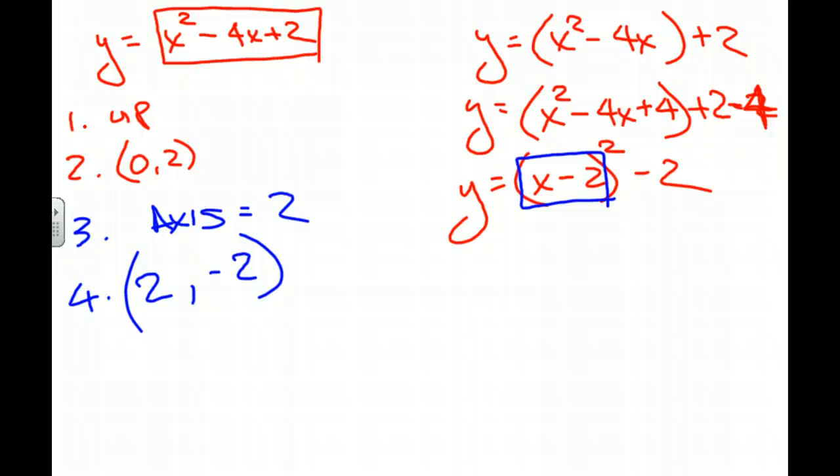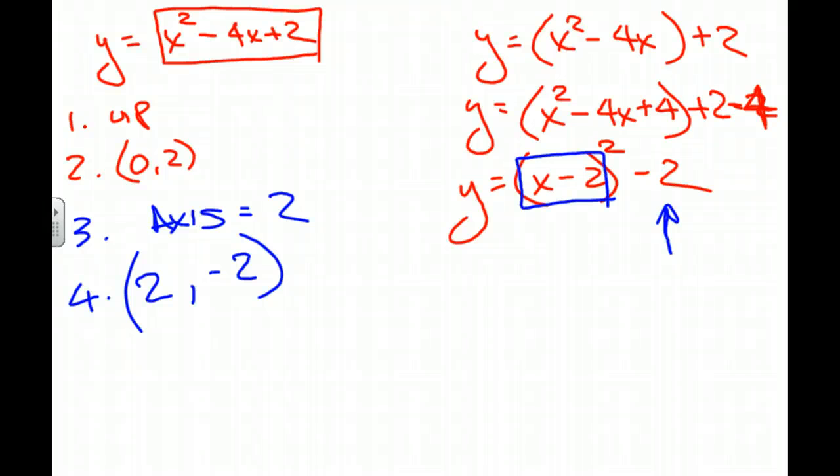This one here? No. This one? Yes. Because I'm looking for the number that makes this 0. Got it. So 2 minus 2. How did I find the second number? Right there. Always the last number. So your axis is the same as your x.